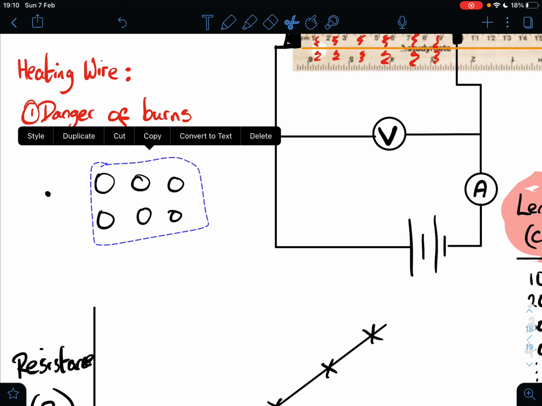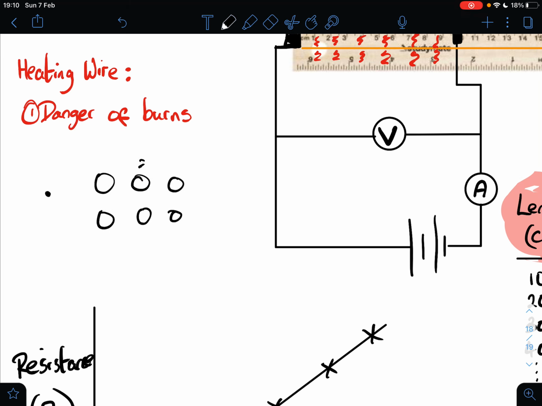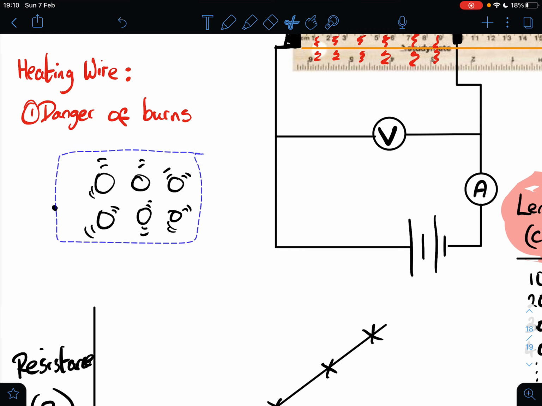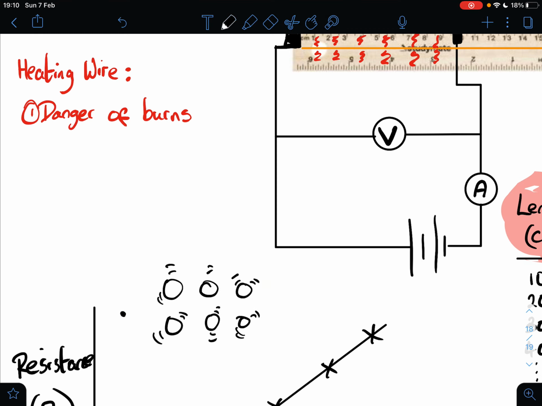And if they're jiggling around like that, let's just draw some little jiggle vibrations. Now imagine trying to get past a rugby team that's all hyped up, that they're full of energy, they've had a good rest. And so this time the rest of the current trying to get through is having a heck of a time of it. So I would describe it as the resistance increasing with temperature. So that's our second one about the heating.